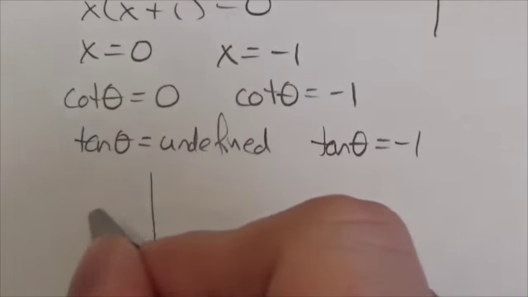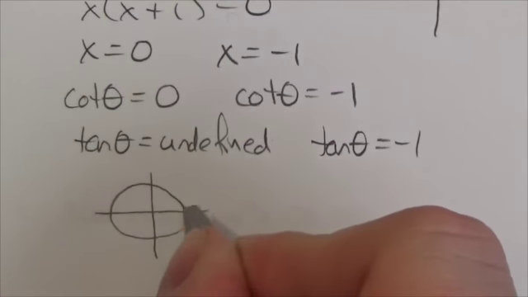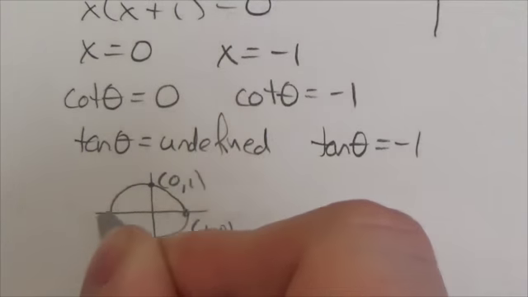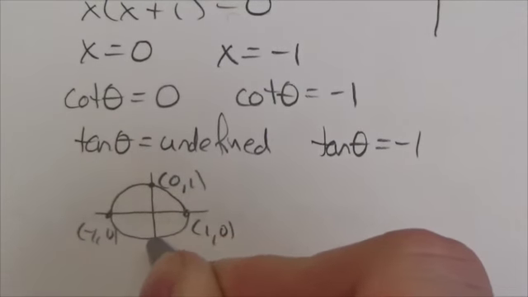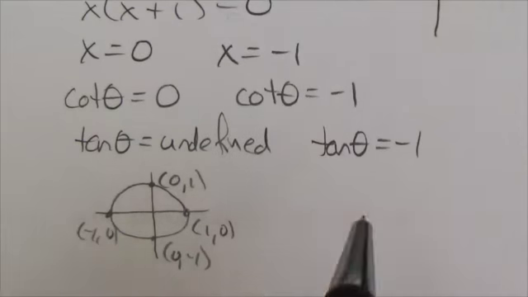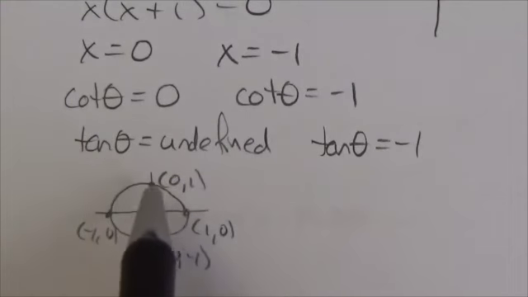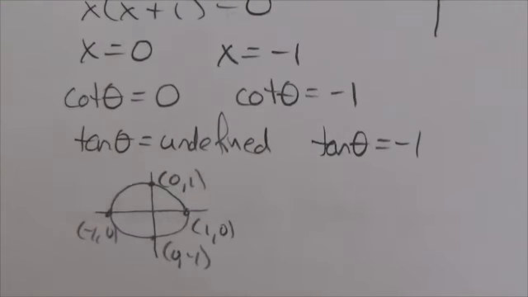So let's take a quick look again at the unit circle. So 1, 0, 0, 1, -1, 0, 0, -1. Remember, tangent is the y-coordinate over the x-coordinate. So I got to think, for what points will that be undefined?